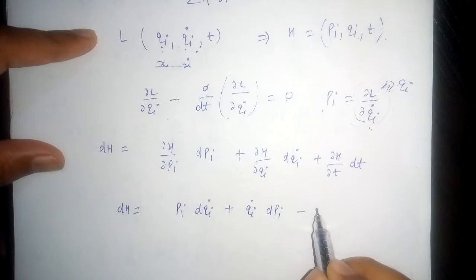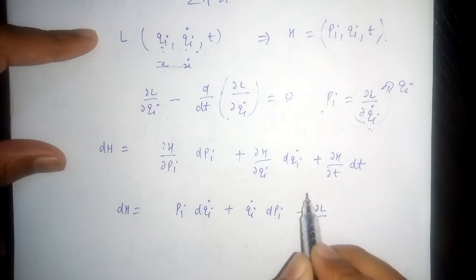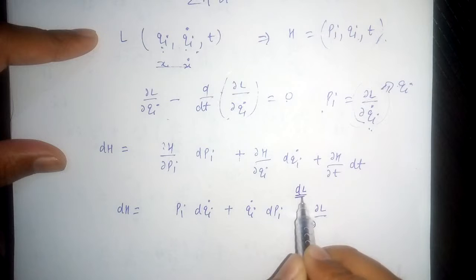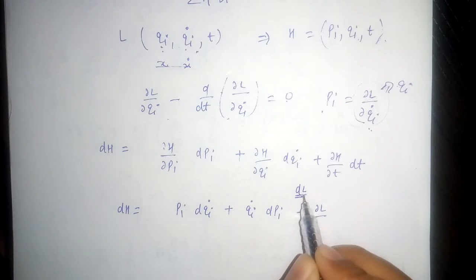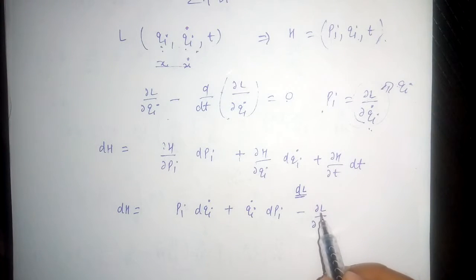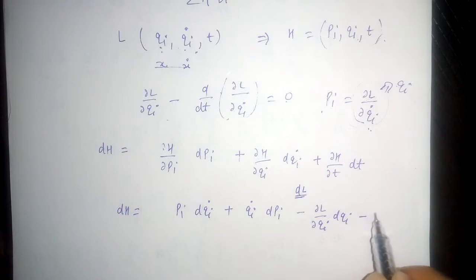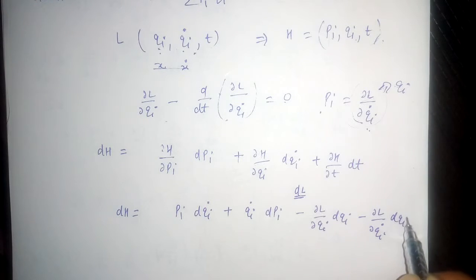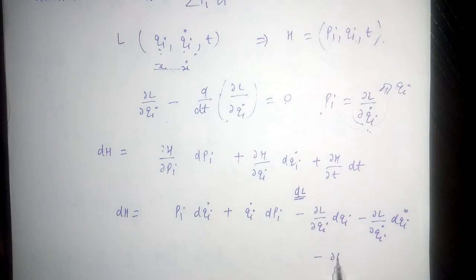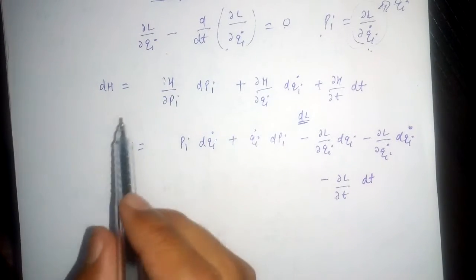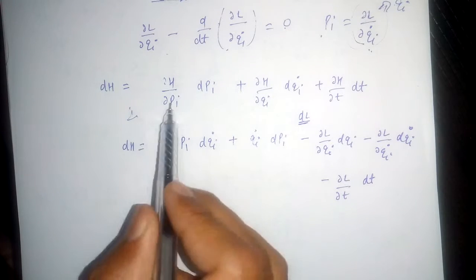What is that? Delta L upon delta qi dqi, delta L upon delta qi dot dqi dot, minus delta L upon delta t dt. We will place this value of dL here, and dH will be this.